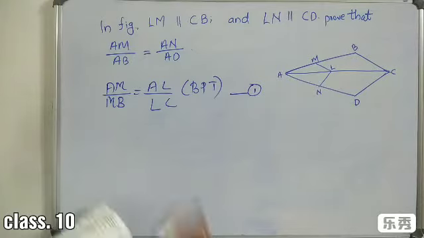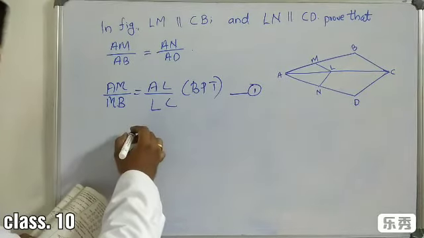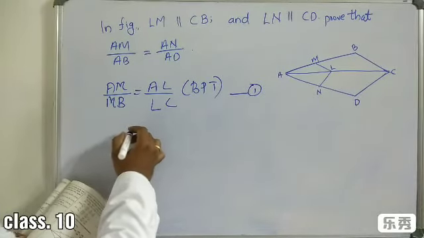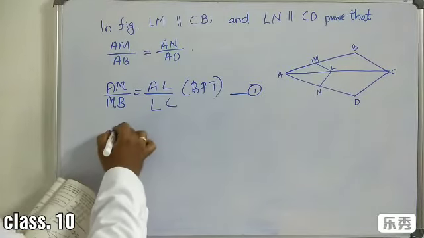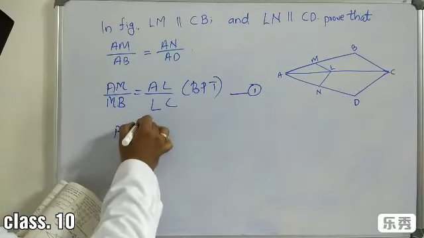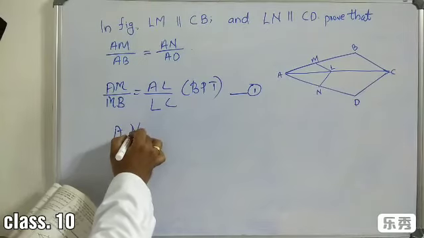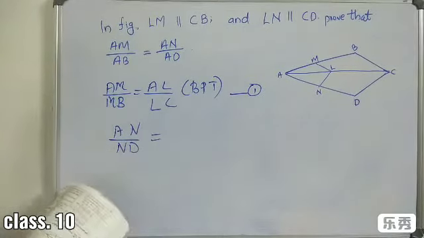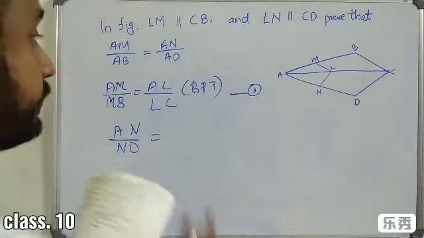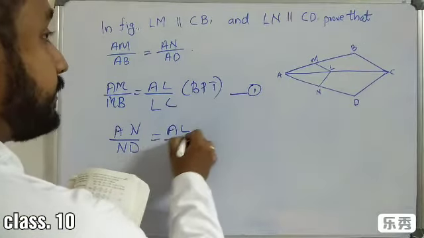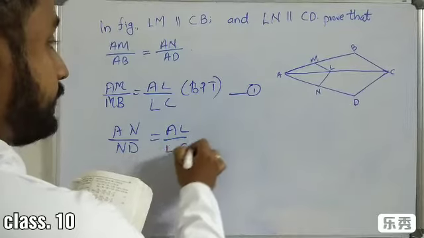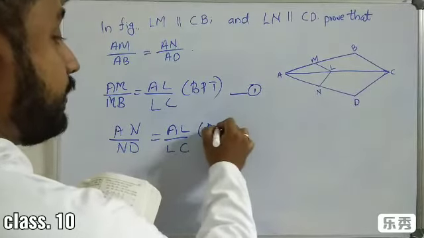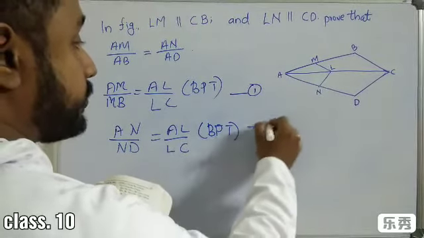Then next, LN is parallel to CD. So we can again write AN by ND is equal to AL by LC. This is also BPT. This is equation number 2.